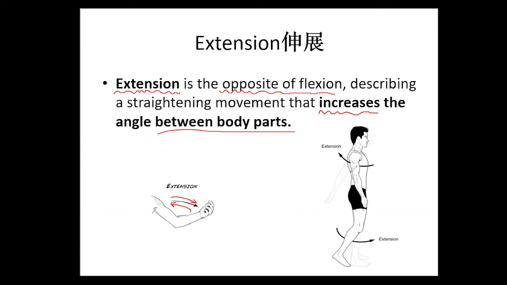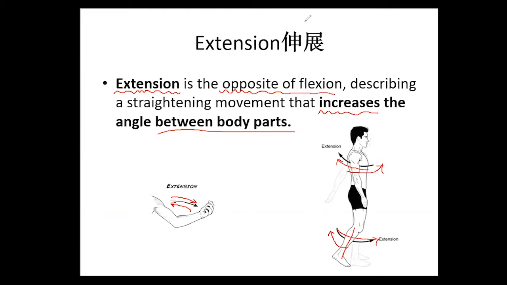If we move the arm to this side first, then move back, that's extension. The same goes for the leg. We move this side first, flexion, then move back, extension.